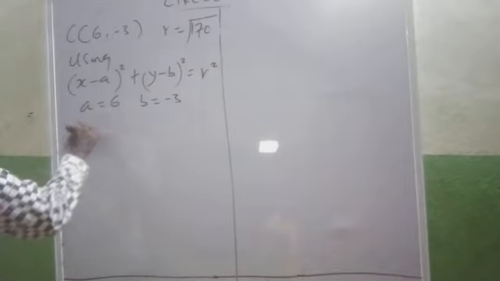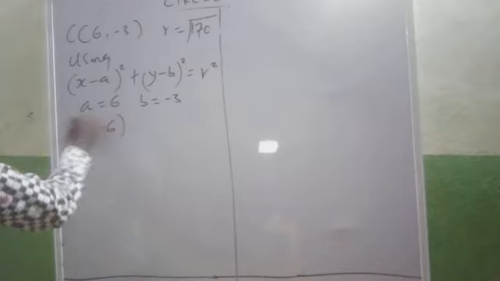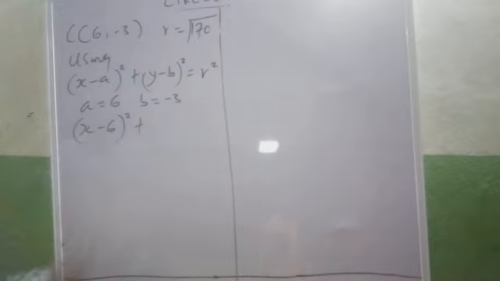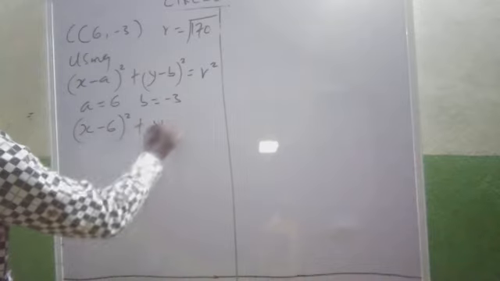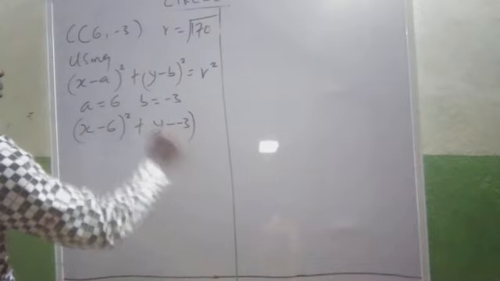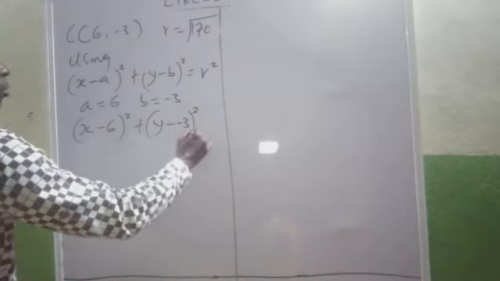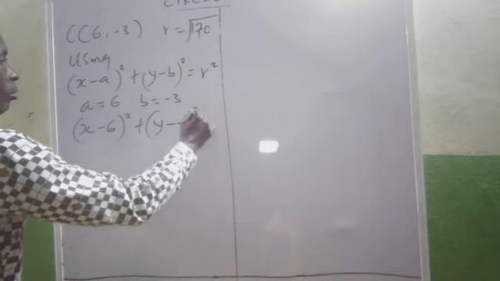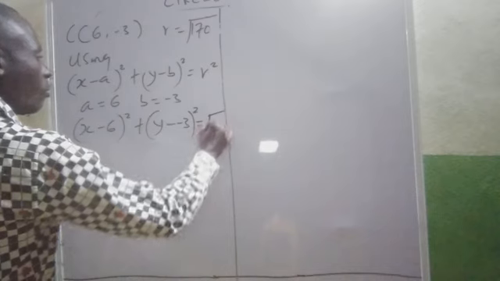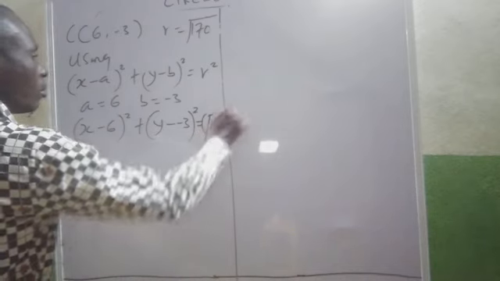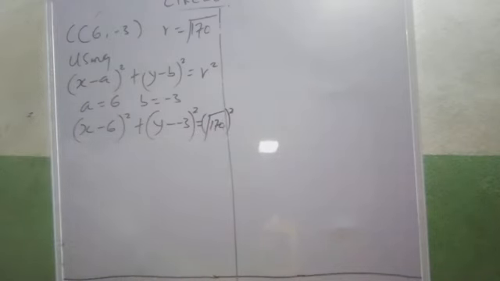So you have (s minus 6) all squared plus (y plus 3) all squared is equal to the square root of 170 squared.